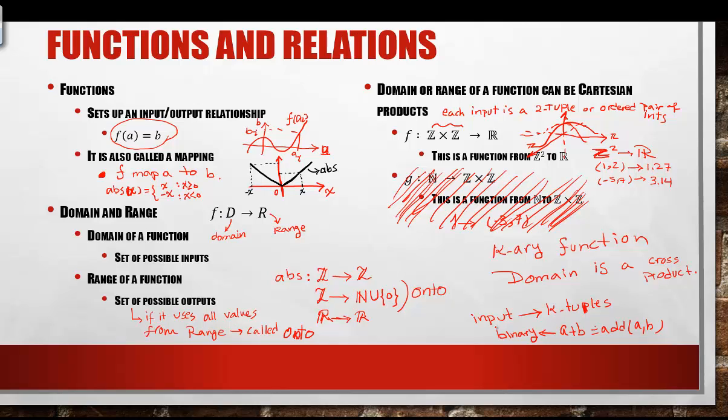If the input is actually from just one set, there's no cross product, then we call that a unary function. An absolute value is a unary function. Addition, multiplication, division are all binary functions. If your input takes multiple values in the form of a k-tuple, then we call that function a k-array function.